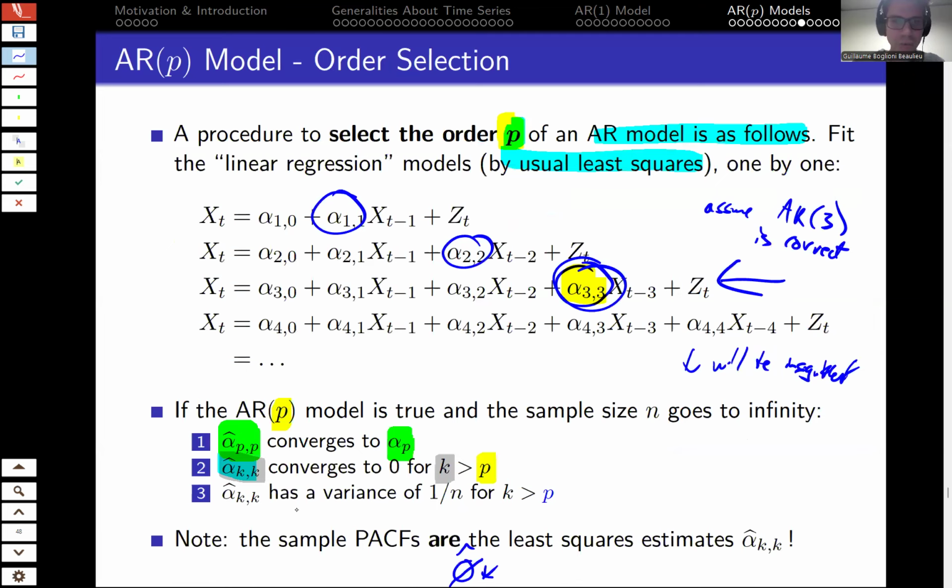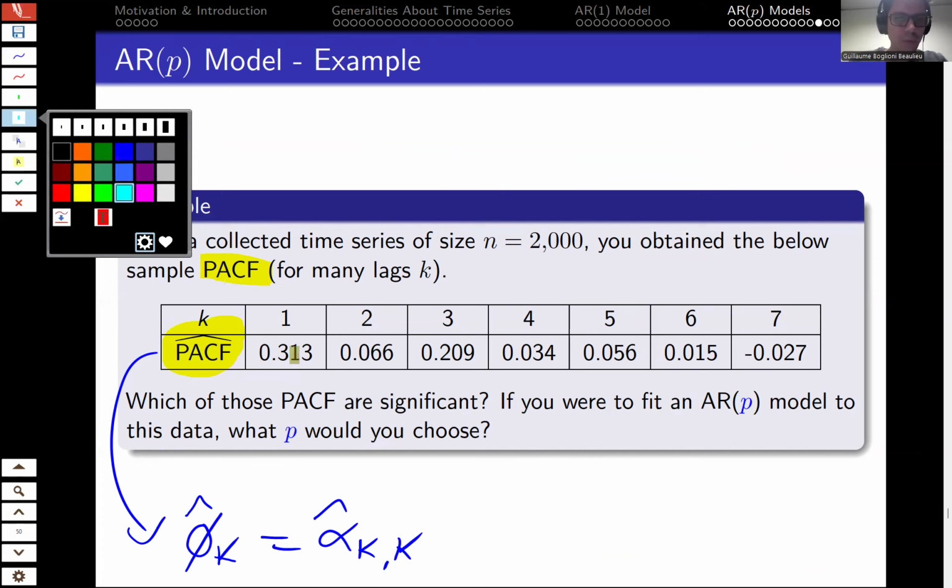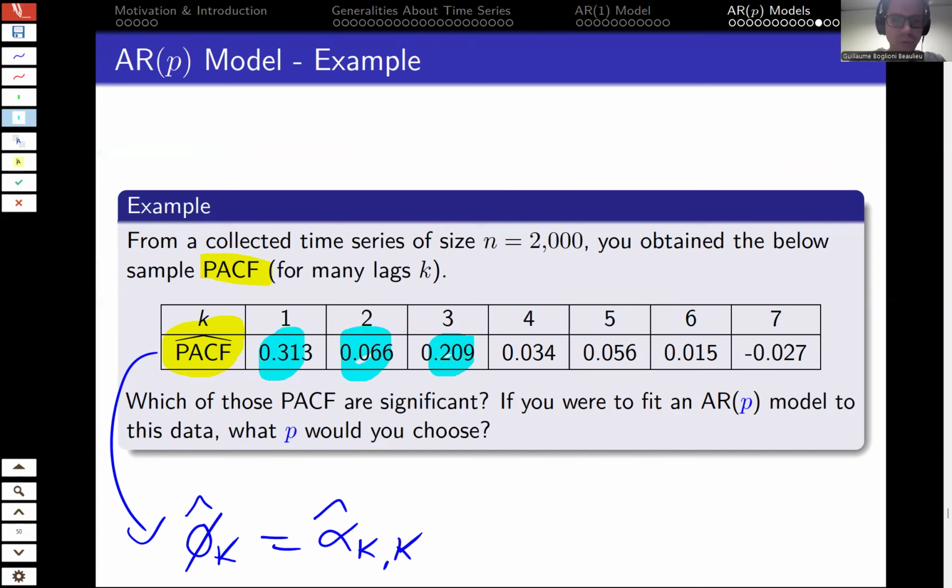Or in our procedure, where we fitted different regression models by least squares, this would also correspond to our alpha hat kk. So we have lots of notations that mean the same thing. In any case, the numerical values are given here: 0.31, 0.06, 0.20, and so on.